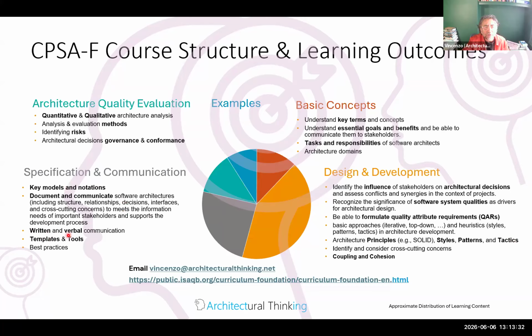Verbal communication is often, I'm not going to say neglected, but is not considered as important by many architects, unfortunately, because it's more difficult, I think, to really condense a lot of information into a conversation. But it's really, really important and critical to the success as an architect.